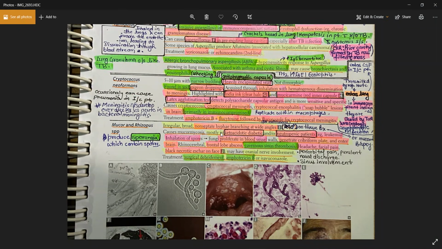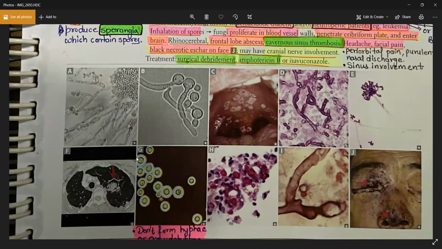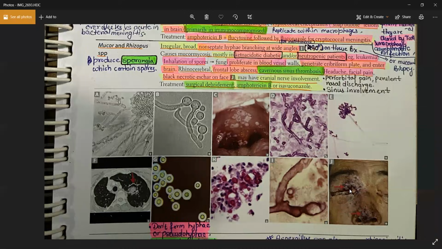It has a very thick polysaccharide capsule, as you can see here. This is your Cryptococcus yeast, and it is surrounded by this thick polysaccharide capsule. And like I told you, like any other capsule, it has this antiphagocytic function, of course.